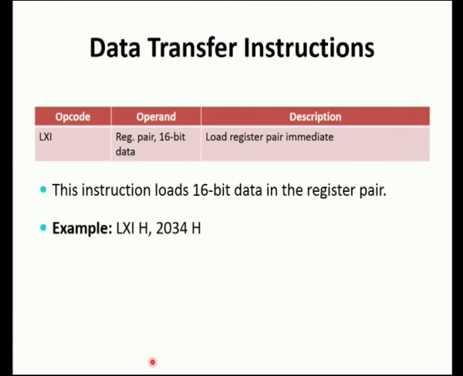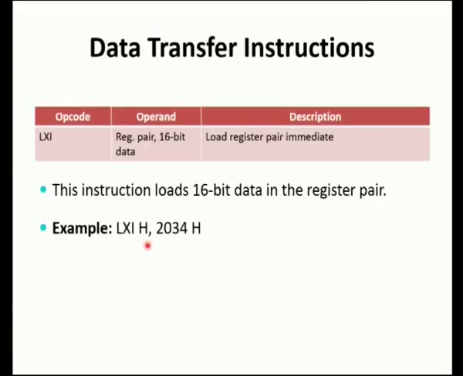Next one is LXI register pair, comma, 16-bit data, which is used to initialize 16-bit data into the register pair. The register pair may be the BC, HL or DE register pair. LXI H, 1234: it is divided into 2 bytes, 12 as the higher byte and 34 as the lower byte.